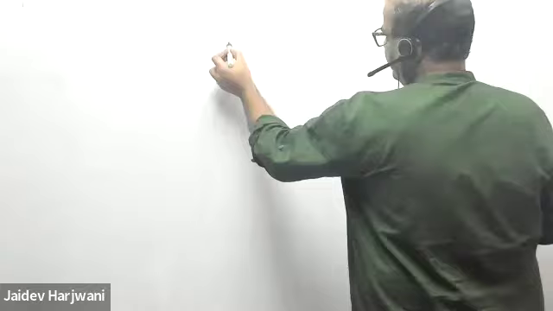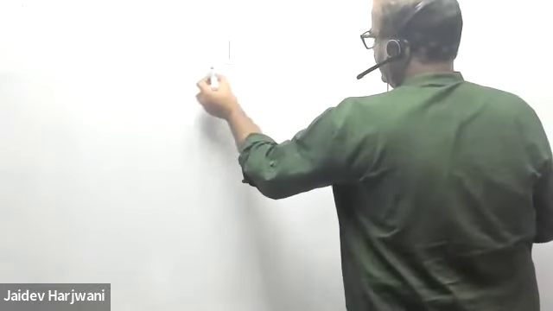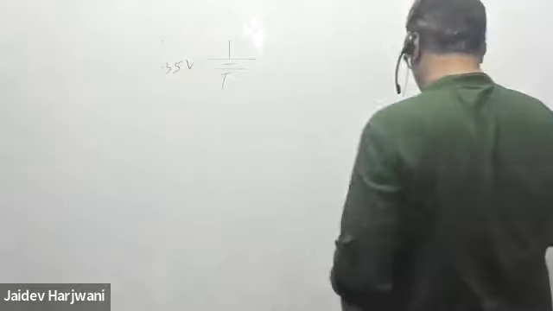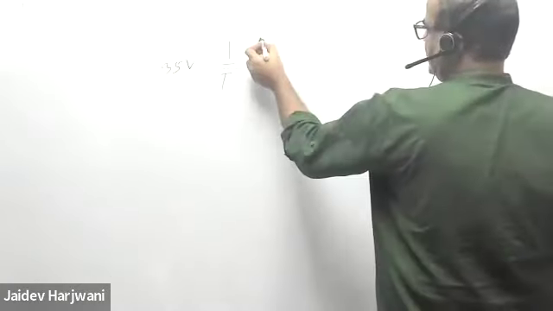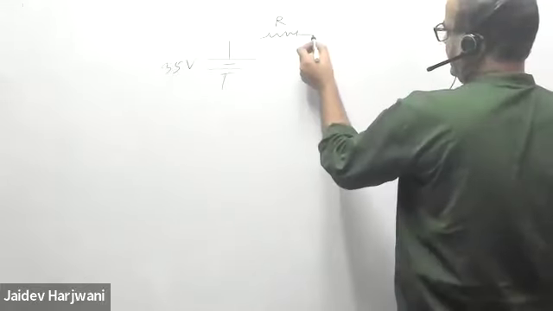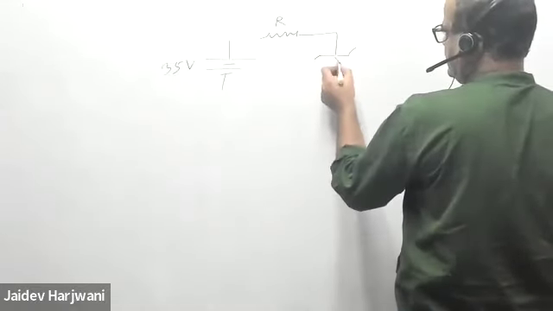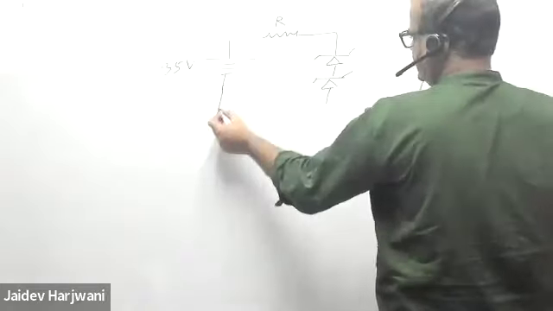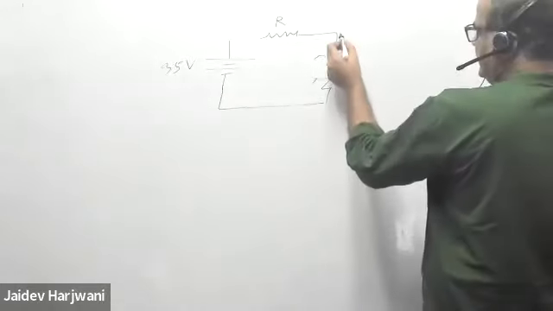A 35 volt battery is given, a resistance R is given here, and two Zener diodes connected.